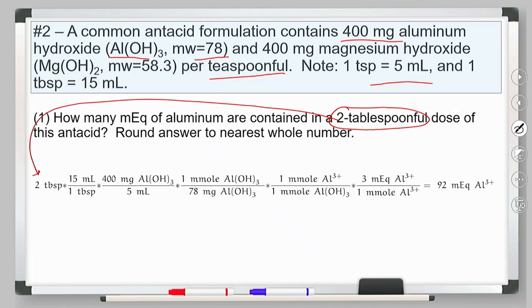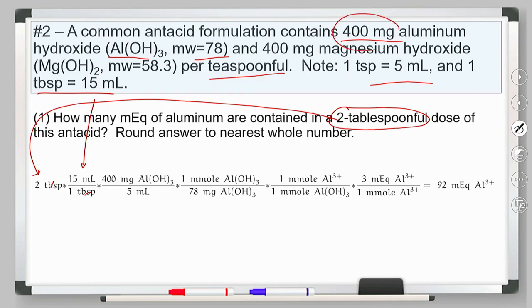And then we're just going to go through conversion after conversion after conversion. The first conversion is to convert tablespoons into milliliters. All right, so would you agree there are 15 milliliters per tablespoon? So multiply that by 2, tablespoons cancel, and I've got now 30 milliliters. 30 milliliters is the volume of my dose.